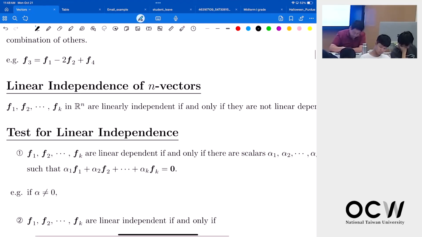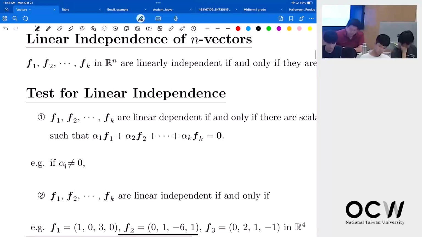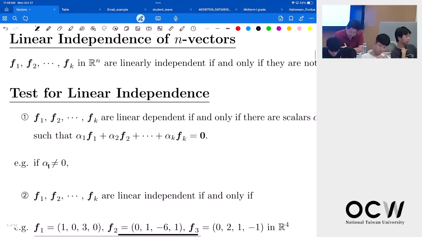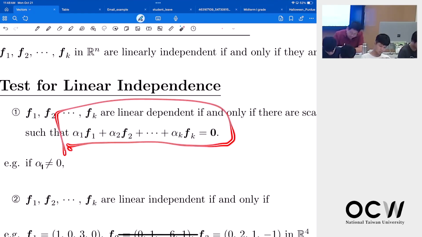I didn't change it here. It should be alpha 1. For example, because they are not all zeros, if alpha 1 is not 0, then I can divide by alpha 1.